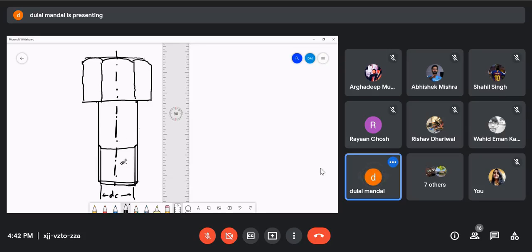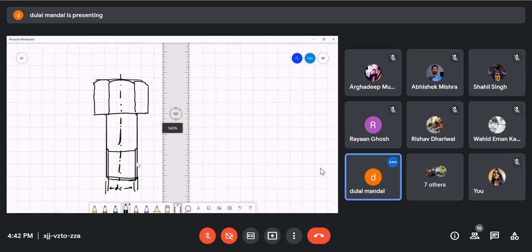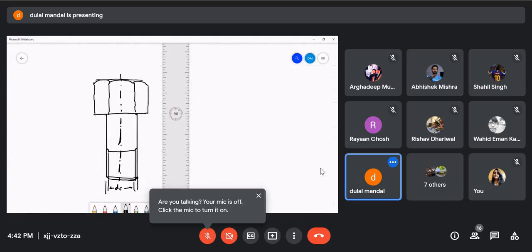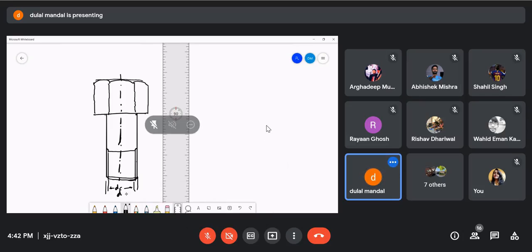From here to here, that is the D. That one is T. Now this is the height of the thread.